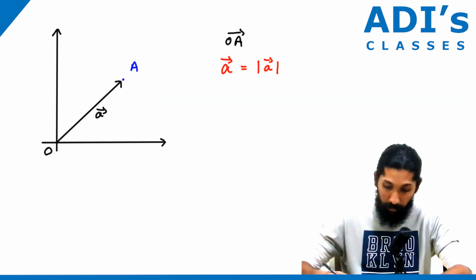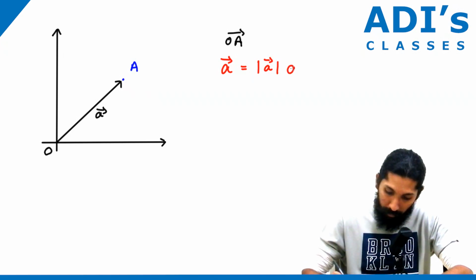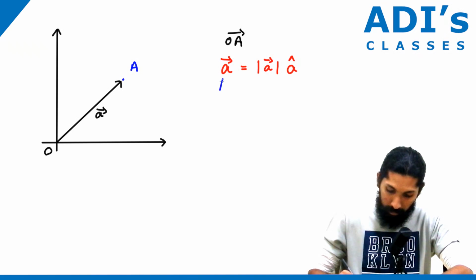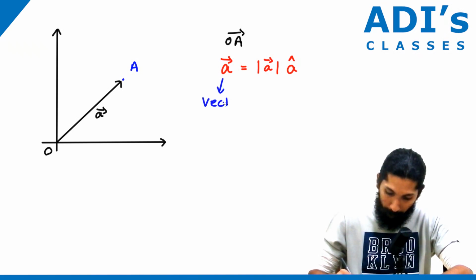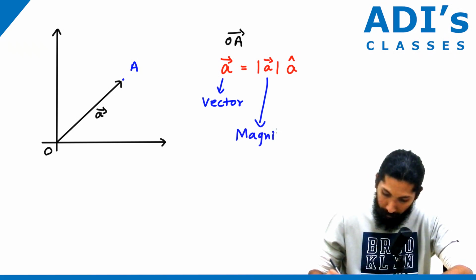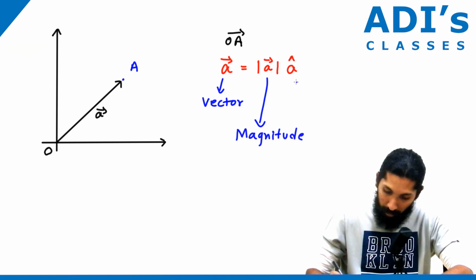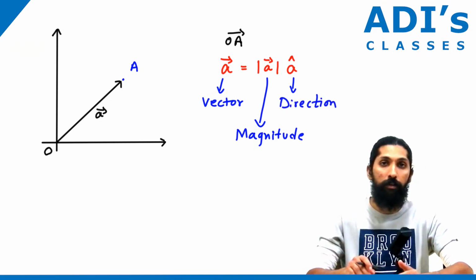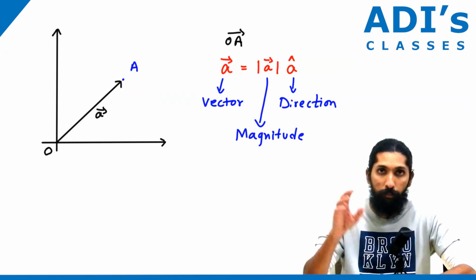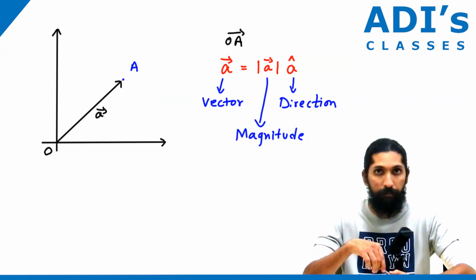And the direction is given by A cap. So here this is the vector. This gives us the magnitude and this gives the direction. So every vector, doesn't matter what type of vector you have, has both magnitude as well as direction.